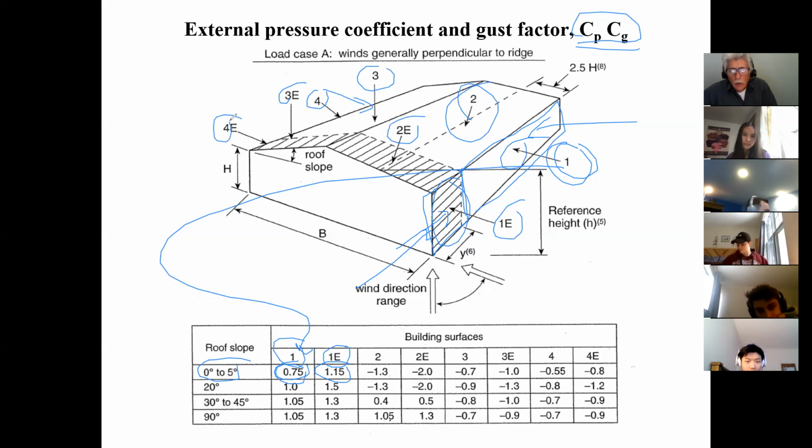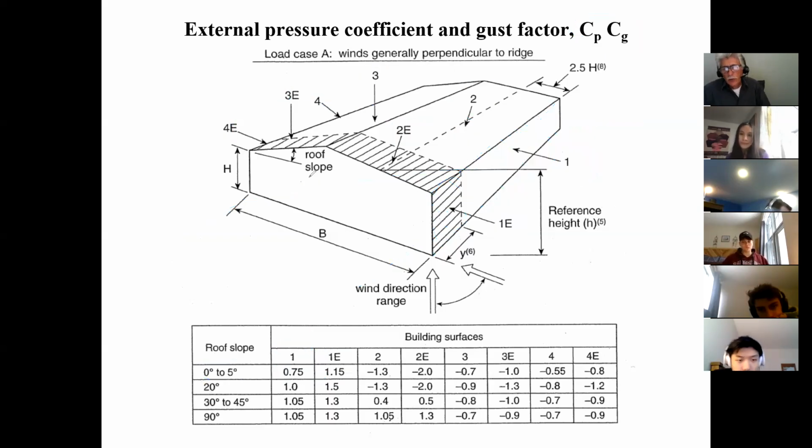Now, what they're trying to make you understand is that I have positive values and I have negative values. What does that tell you?